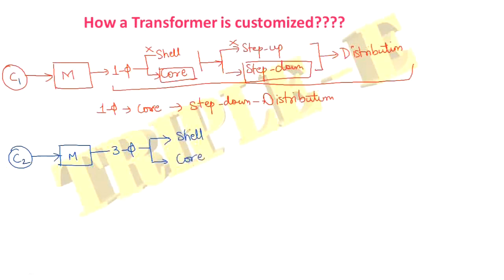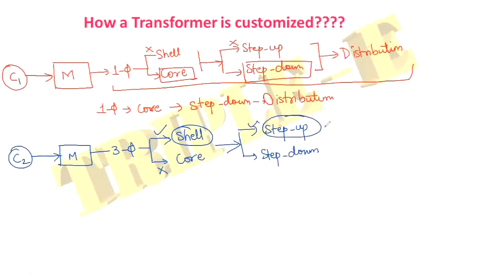This customer needs a shell type transformer, not a core type transformer. He also says that he is looking for a step up transformer, not a step down transformer, and that it will be utilized as a power transformer.